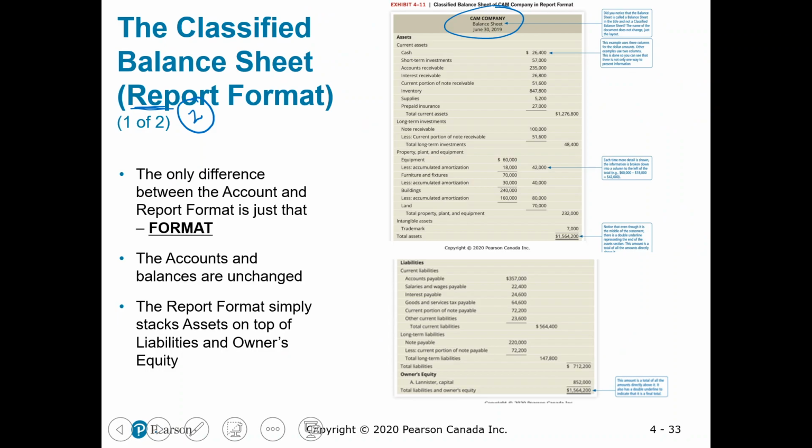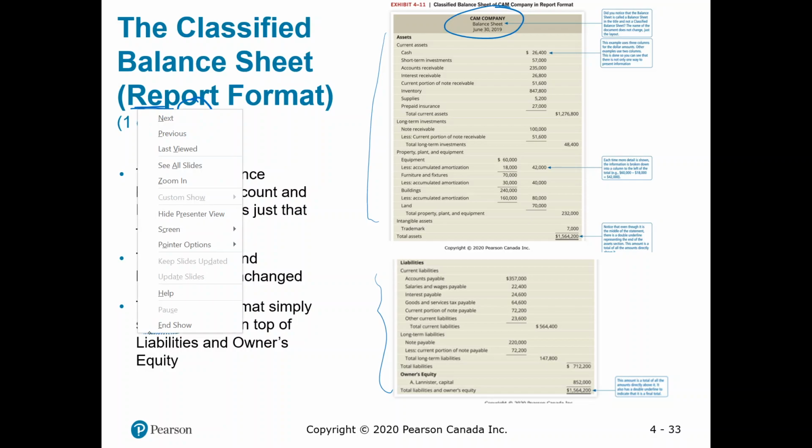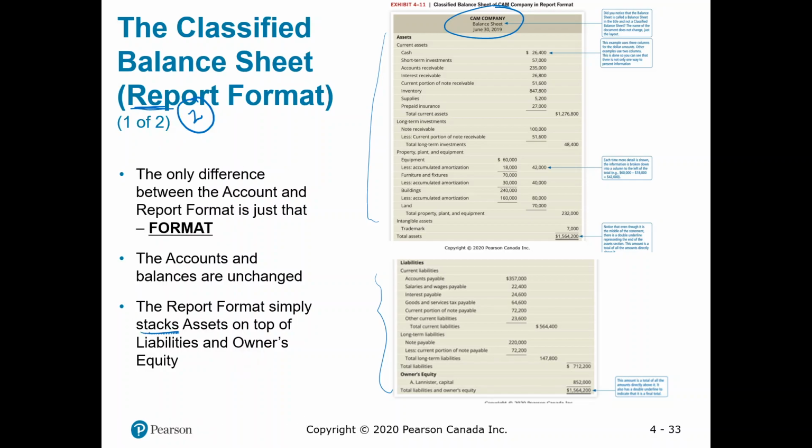So that's how it's laid out here. Your assets come on the top portion, and then below it, you show liabilities and equity. So it just stacks assets on top of liabilities and equity. That's the only difference. You break out the accounts in the same way. It's just two different ways of showing that same information.